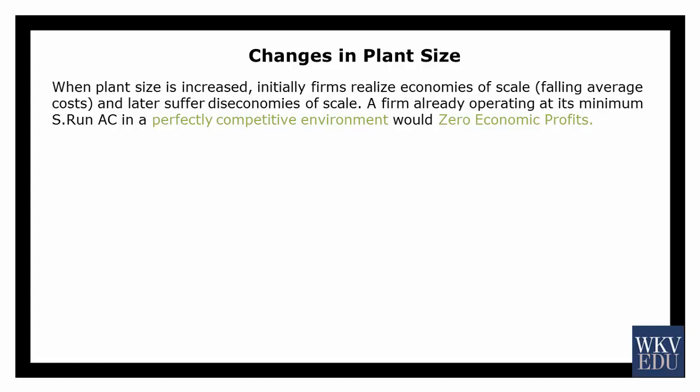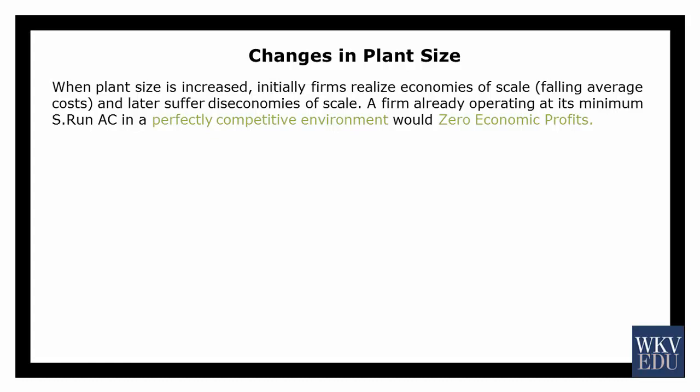A firm that already operates at its minimum cost in a perfectly competitive environment would obviously make zero economic profits. If it cannot reduce its costs, why will it earn any extra penny?